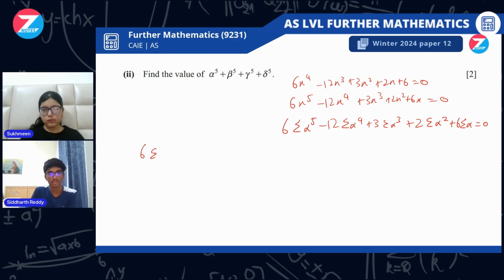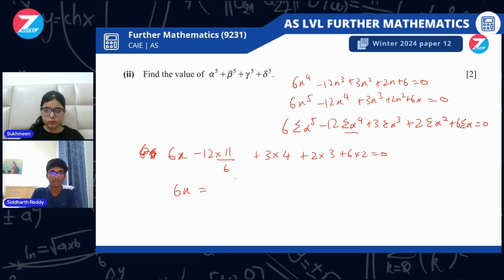So we have 6x, I'll denote this x, 6x minus 12 into, so we found this out previously to be 11 by 6, plus 3 into 4, plus 2 into 3, plus 6 into 2 is equal to 0. So 6x is equal to, if we just solve this part, minus 12 into 11 by 6, plus 3 into 4, plus 2 into 3, plus 6 into 2.